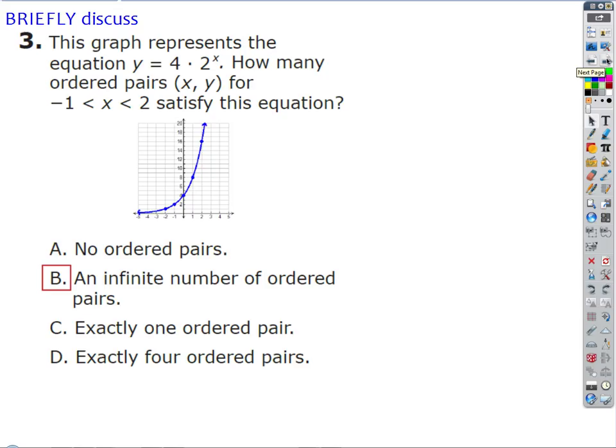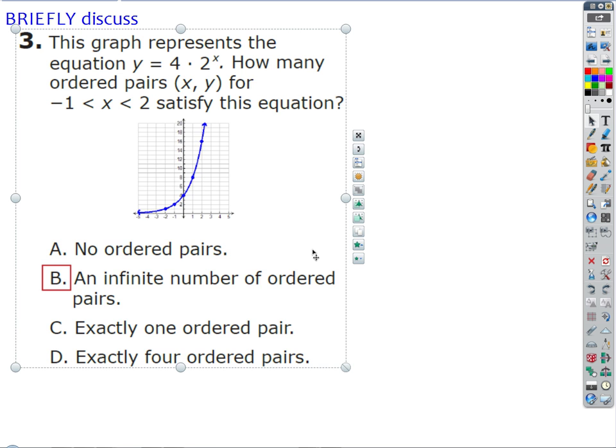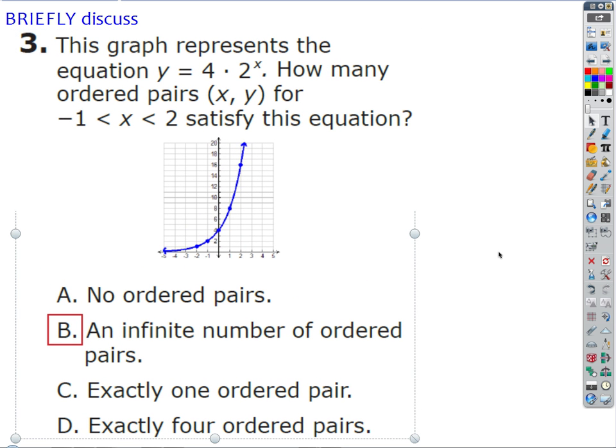Okay, this one. This question looks a little different because it's a function. We haven't talked about exponential functions yet, but they're not a big deal. You're not going to see very much of them. And you don't even really need to know for this one. Really think about what this is asking. The graph represents the equation y equals 4 times 2 to the x. So it's an exponential function.